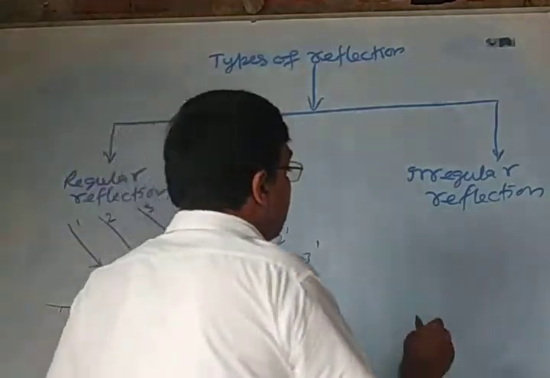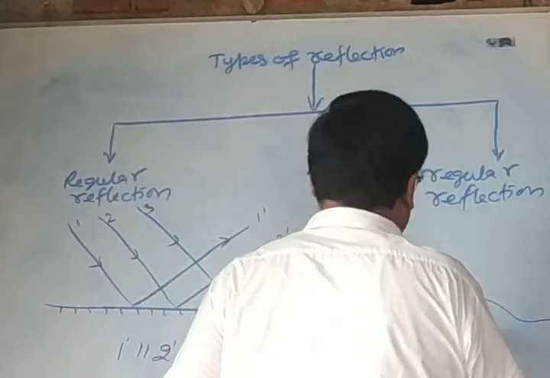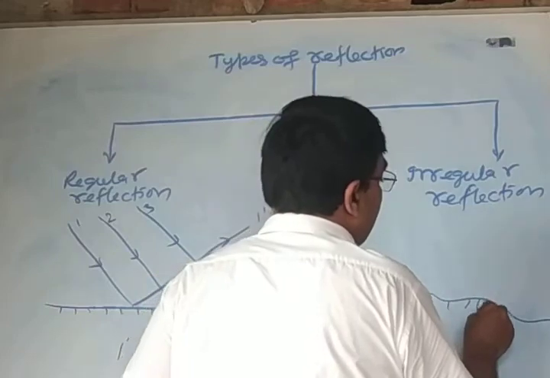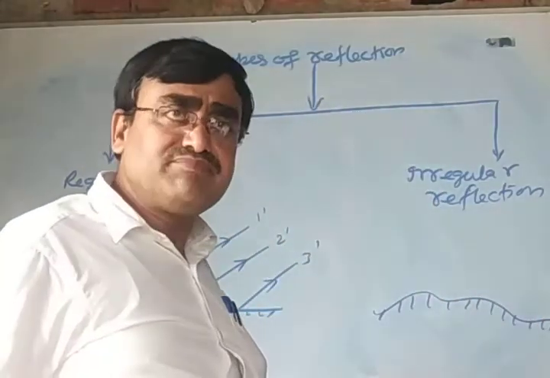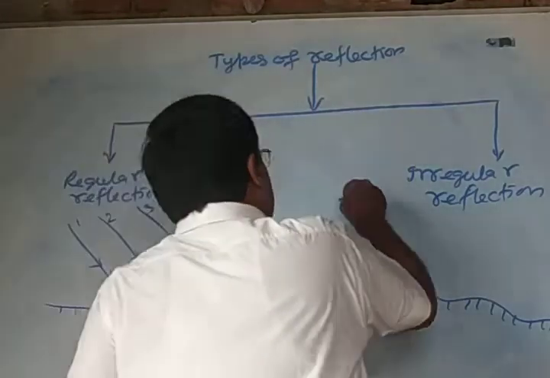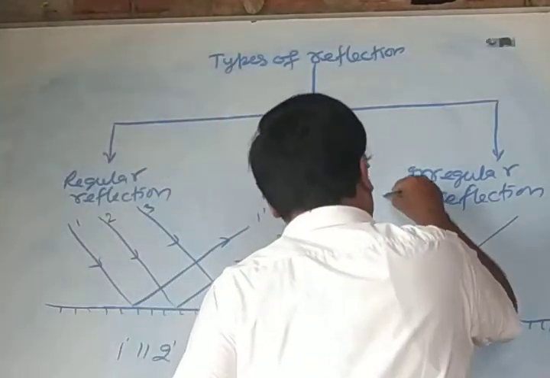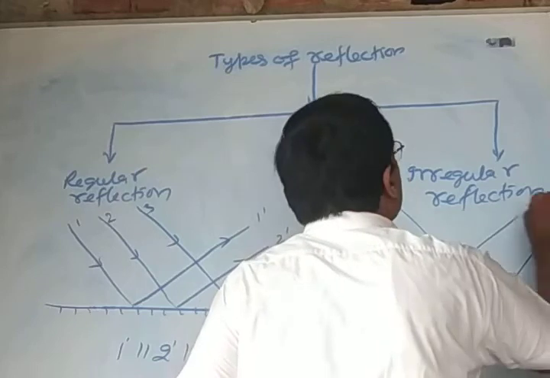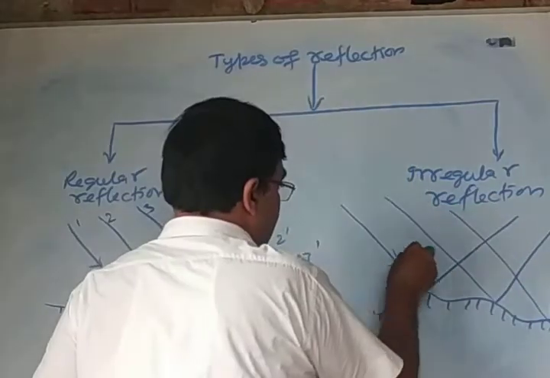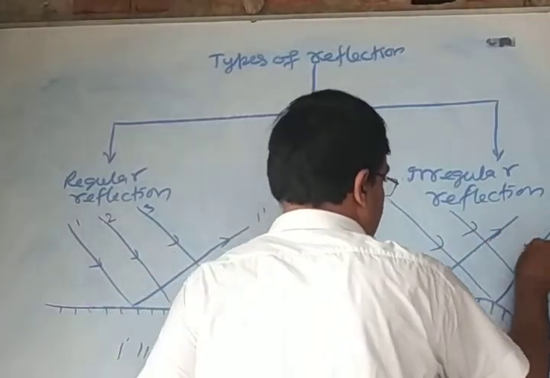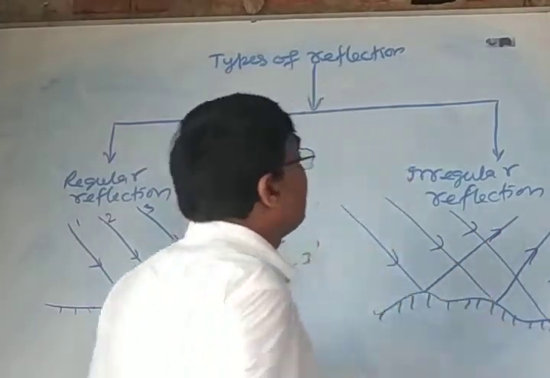In the case of irregular reflection, the surface is rough, and the reflected rays become unparallel, like intersecting rays.